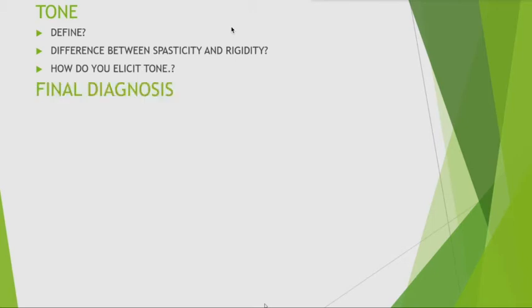So what is the final diagnosis in this case? Sir, it's Parkinson's disease. What else would you look for in a Parkinson's patient? There may be other features, no? Okay, sir.